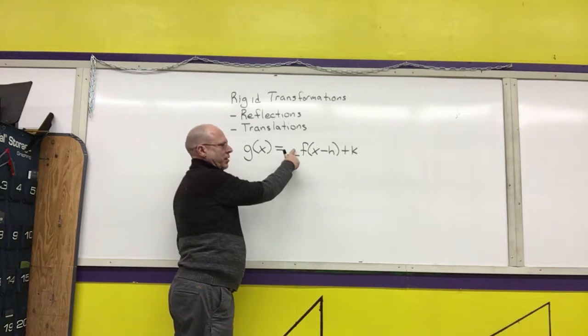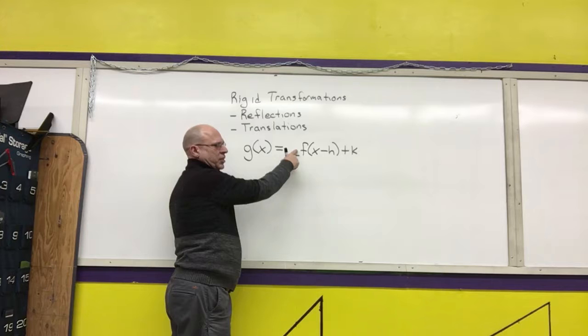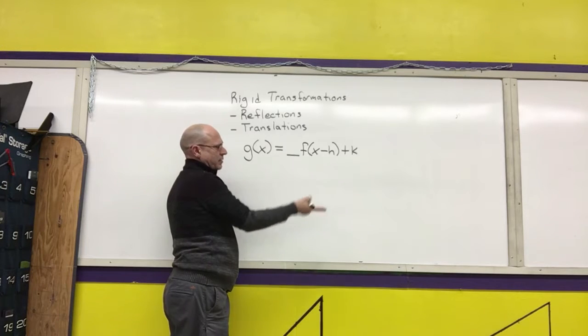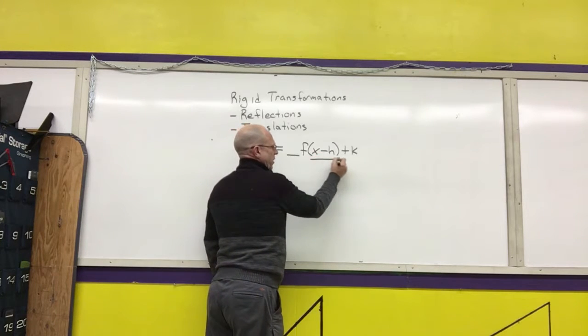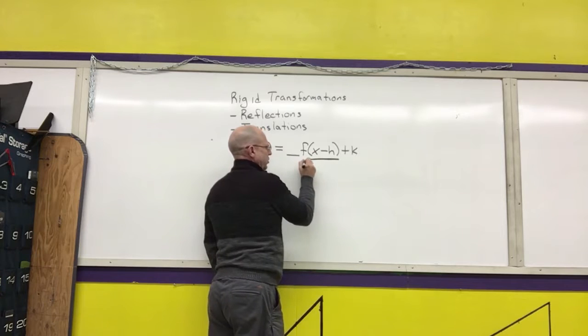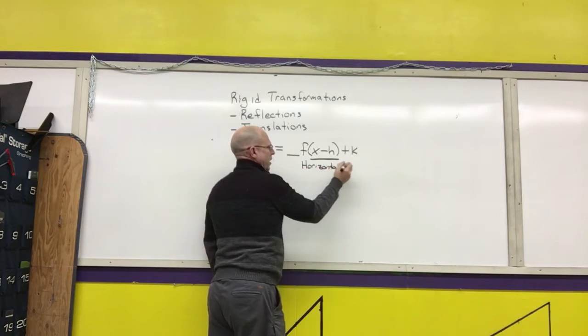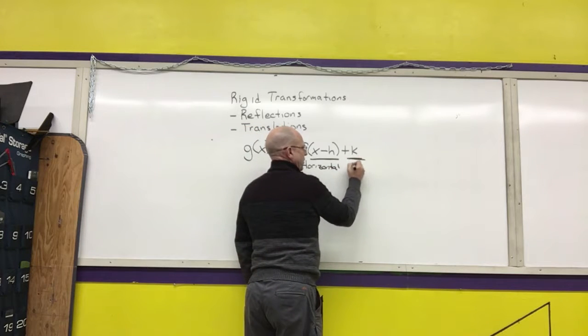Where if this number has a negative sign right here, it's going to cause a reflection across the x-axis. This right here is the horizontal translation. And this number right here is my vertical translation.